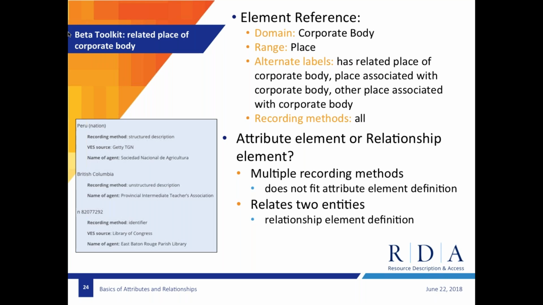But then if you had a corporate body, which this one is the Provincial Intermediate Teachers Association, and I was going to do an authorized access point for it, and I needed to put the name of the place in the authorized access point, in the original toolkit, I would do parens B period C period, because that's the abbreviation for British Columbia.